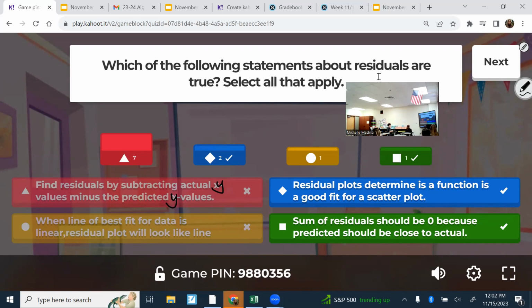How do you know based on just a residual plot if it's a good fit or not? The closer it is to... not the line of best fit, I mean, residual plots hover around what?